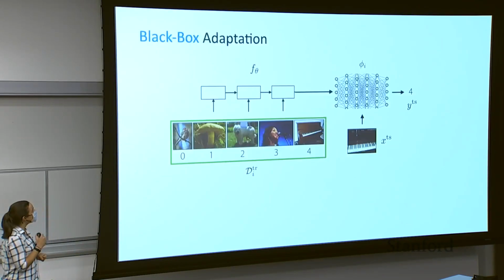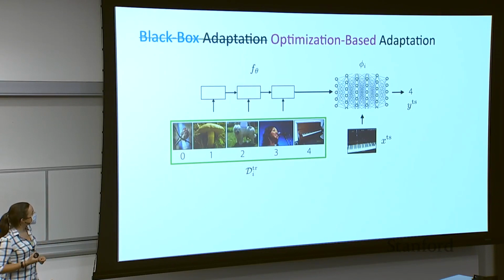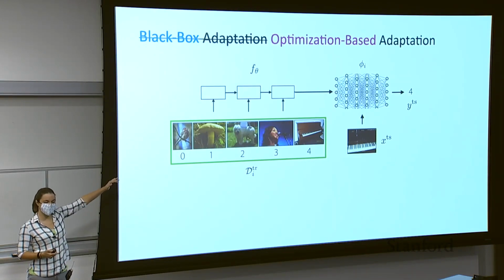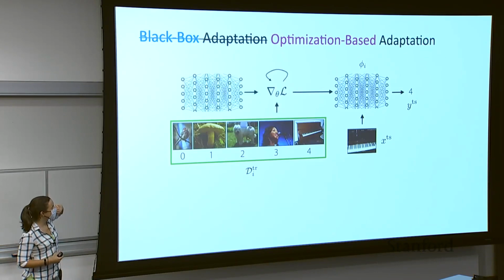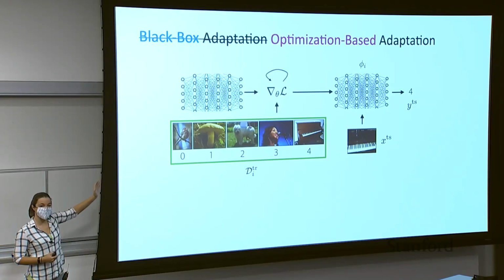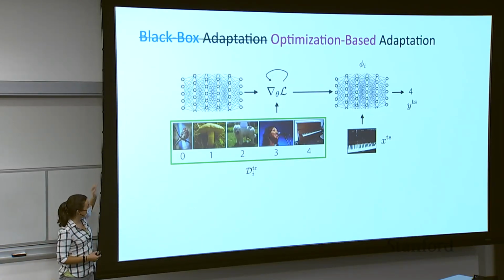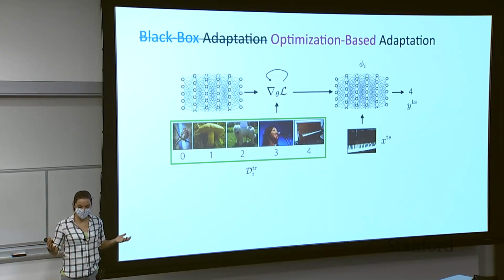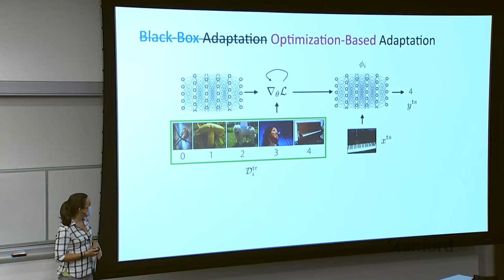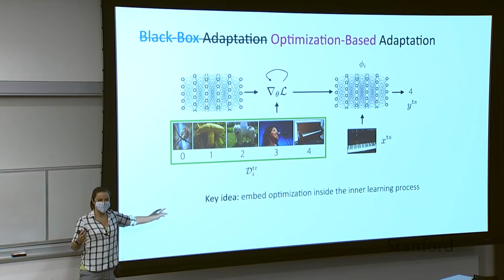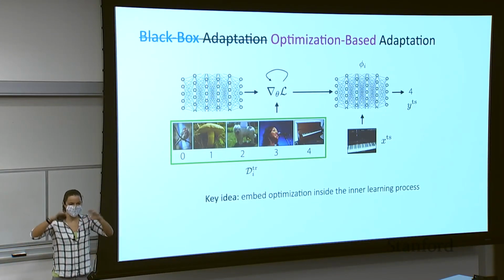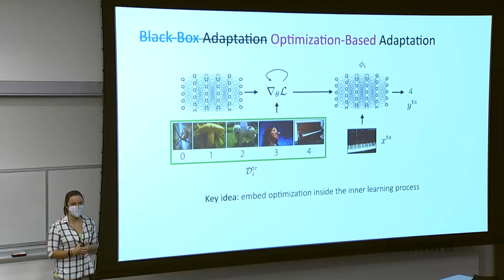Okay, so what this looks like is instead of passing these data points into a network, we're going to run some optimization procedure like gradient descent on our training data set. And this optimization procedure will have some free parameters. And so really the key idea of these optimization-based approaches is to try to embed an optimization inside the meta-learning process so that that optimization procedure does well.